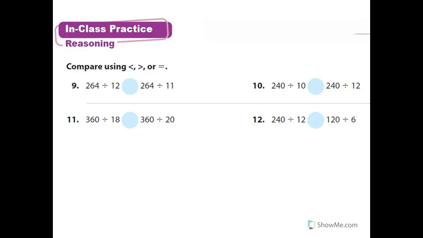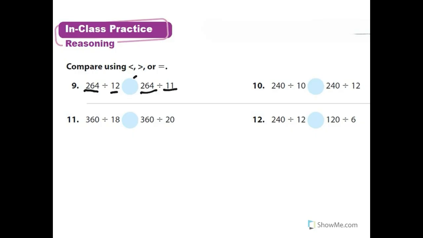Alright, so let's move on to comparing using less than, greater than, or equal to. Now we've done this before, haven't we? Where we say when we've got the same number, when we put it in groups of 12, there's going to be more if we put them in groups of 11, because there's going to be more groups when you put them in groups of less numbers.